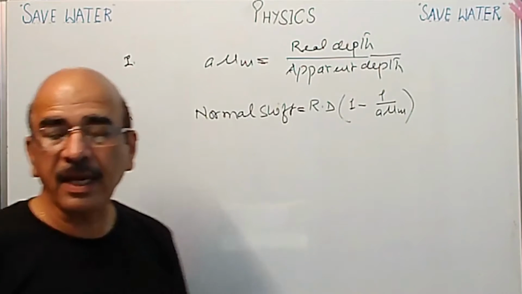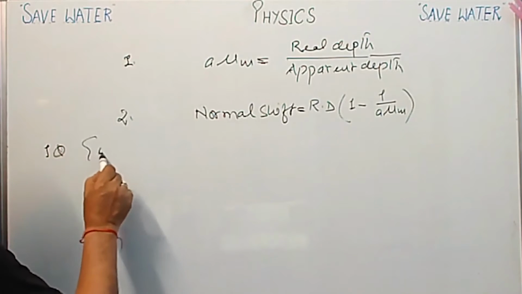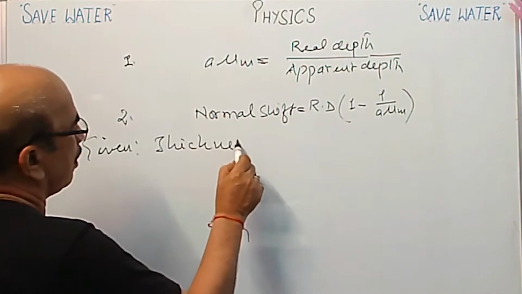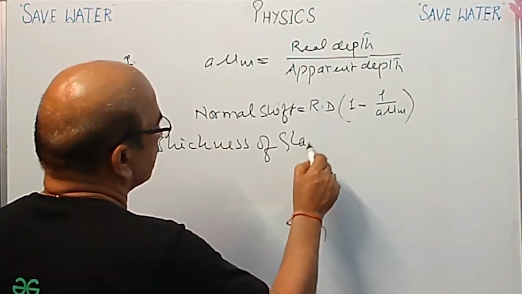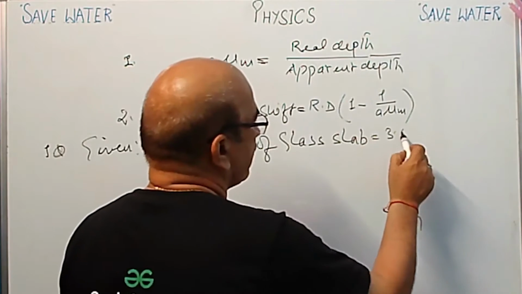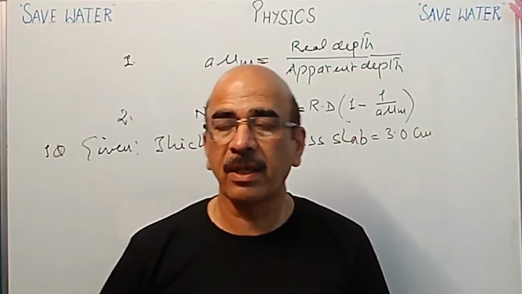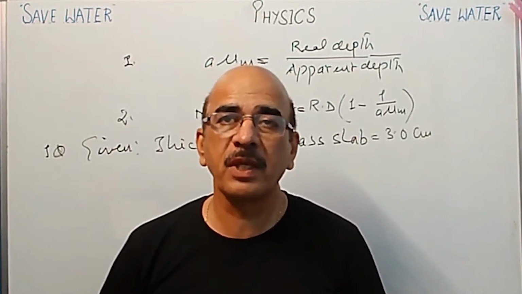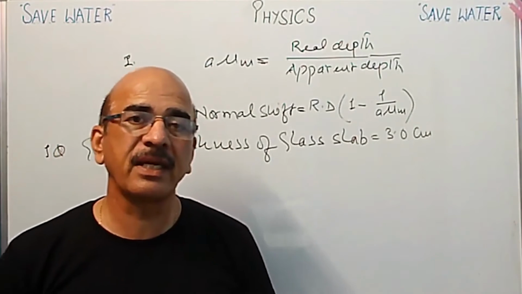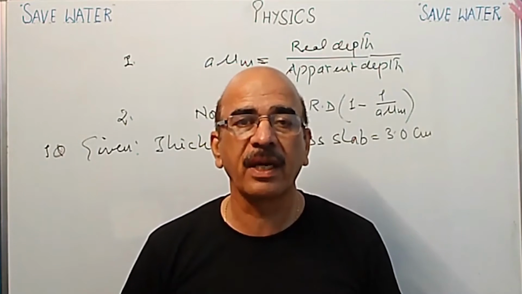The question is, a glass block of 3 centimeter thickness. So given, thickness of the glass slab is 3.0 centimeter. The glass slab is placed over an object, or a coin, or a stamp or any dot.